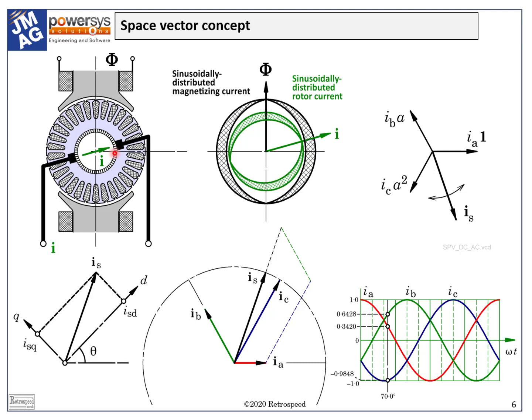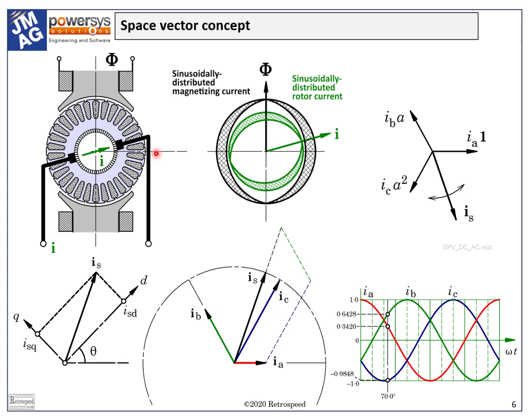Even in the DC motor, it helps to resolve the current vector, if you will, into two components, one of which is aligned with the field poles and modifies the overall flux and therefore also the terminal voltage, and the other one which is orthogonal to the field axis and controls the torque. Here we have the essence of field-oriented control, that is, the independent control of flux and torque.